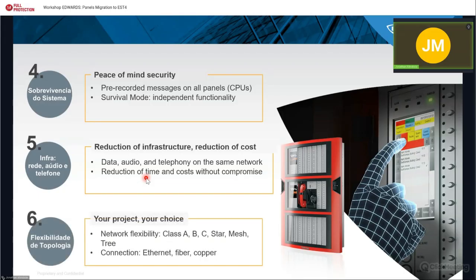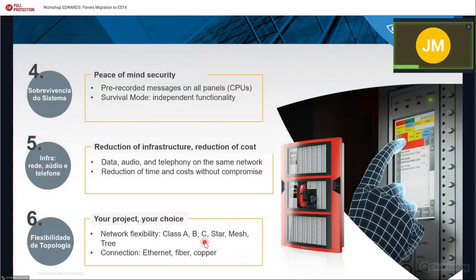And when you want to design an EST4, maybe a new project with the EST4, you will have network flexibility. You have the class A, class B, the star topology, the mesh topology, the tree topology, and you will have up to 3 options to do the connection between panels. With Ethernet connection, with fiber connection in single mode, multi-mode, you will have copper connection.